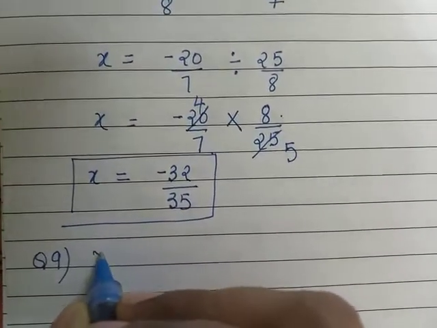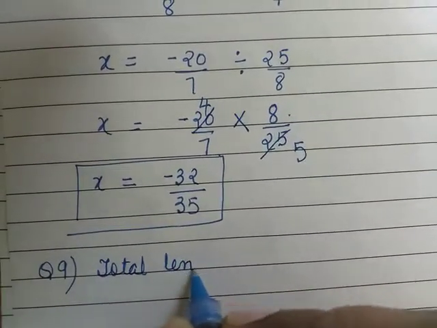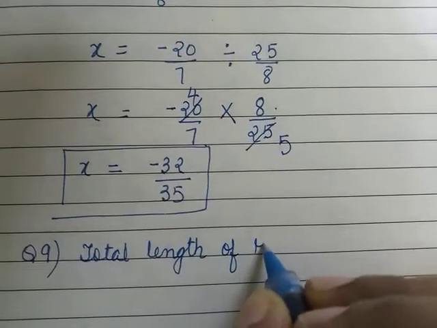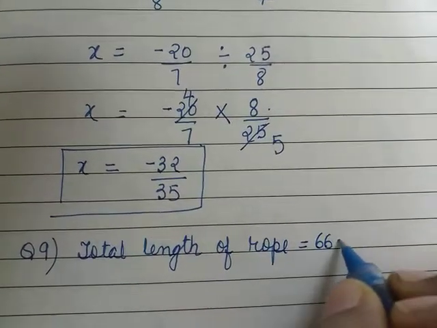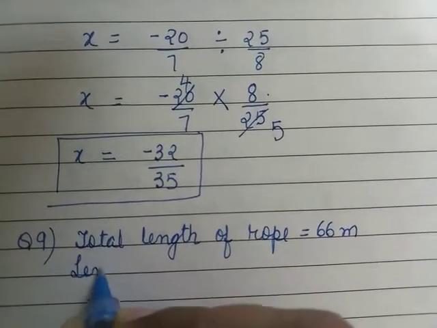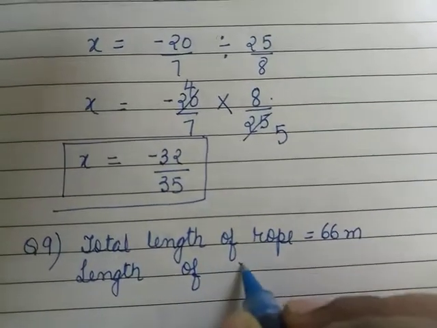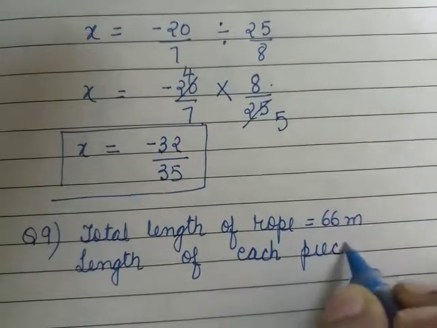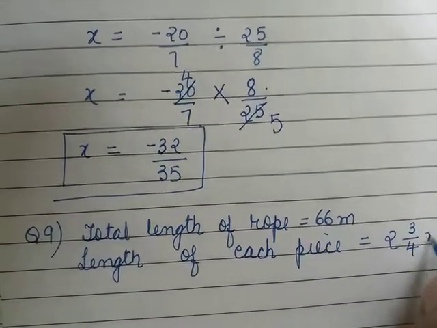Total length of wire, not wire, sorry, rope, is equal to 66 meter. Length of each piece is equal to 2 whole 3 by 4 meter.